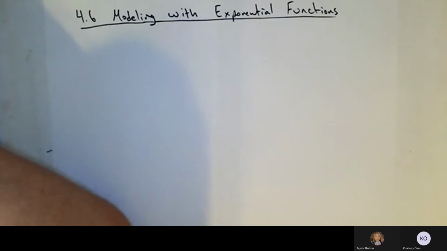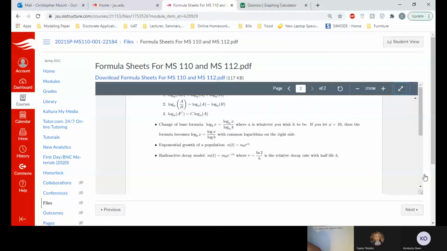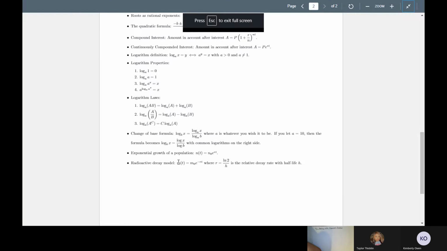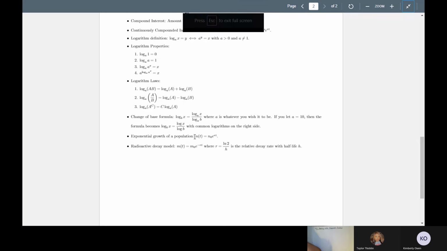Okay, so give me 1 minute to look at this. Now that I know I'm leaning more towards the biology ones, I'm actually going to be changing the formula sheet to reflect that. If you have looked at the formula sheet that I put in Canvas that you'll have access to in the final exam, you'll see right here I've got exponential growth of a population, so I'm going to work one of those.